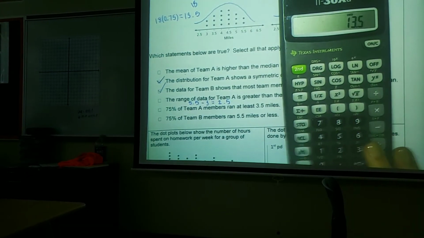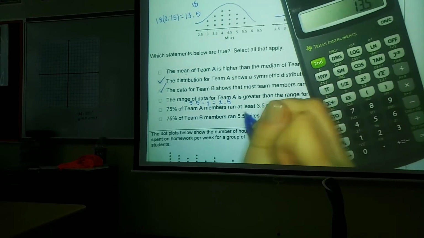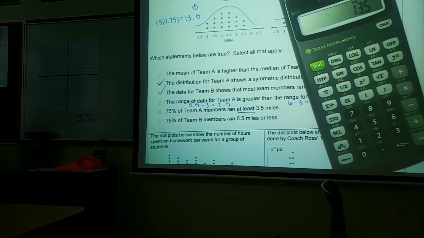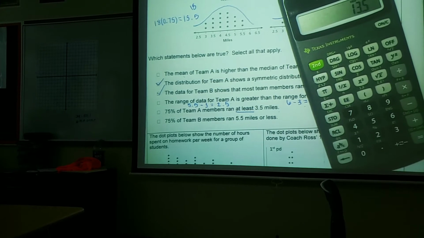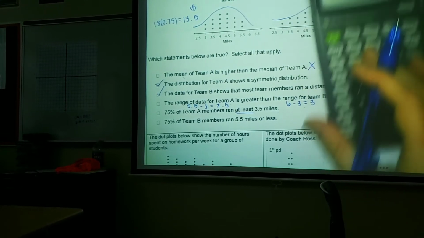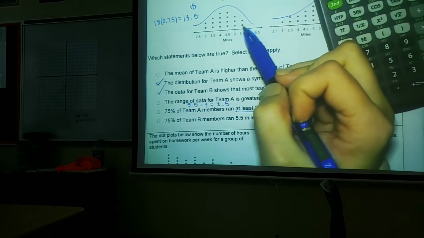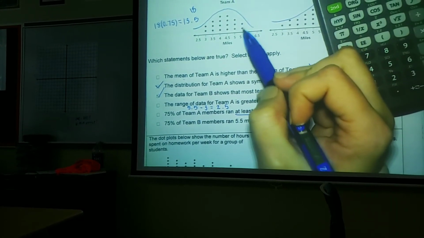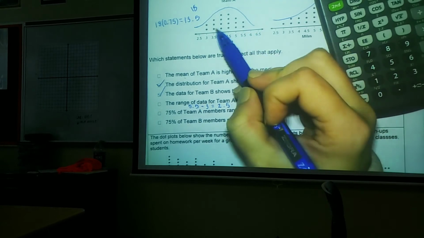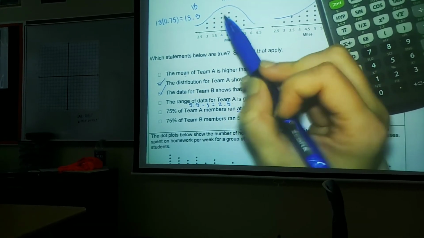So, since it says at least 3.5 miles, that means I want to know how many people ran an amount greater than 3.5. So when it's looking for the amount greater, I'm going to start counting my dots at the biggest dot, and I'm going to count to where I find between 13 and 14 to see where that number is.